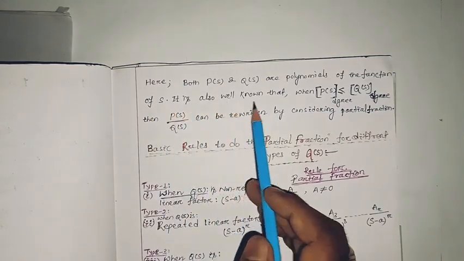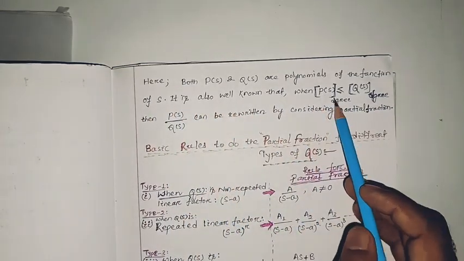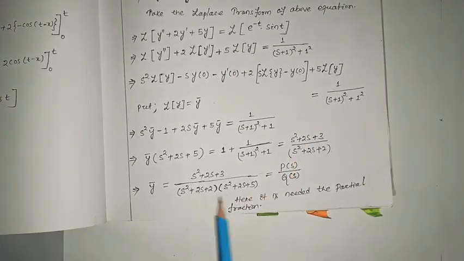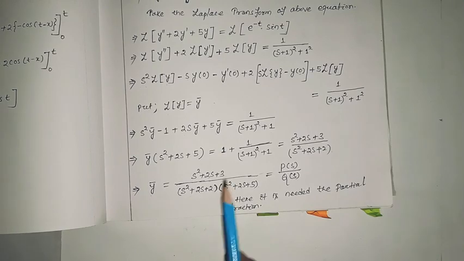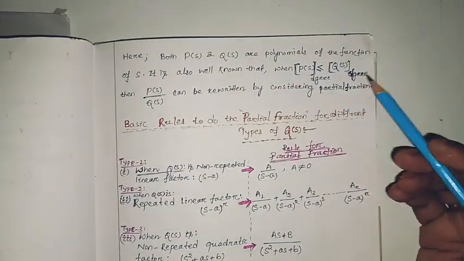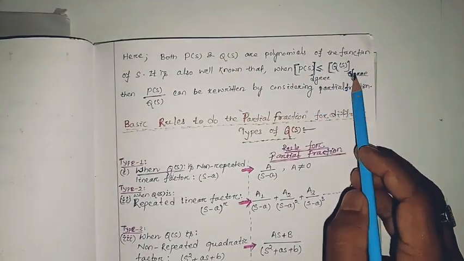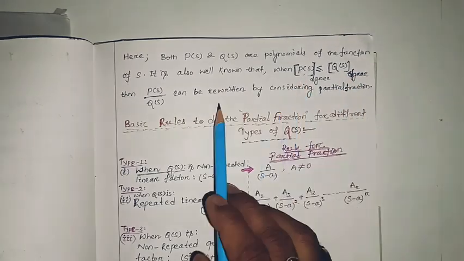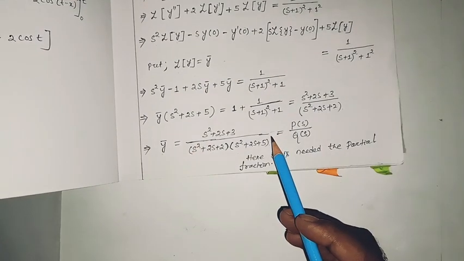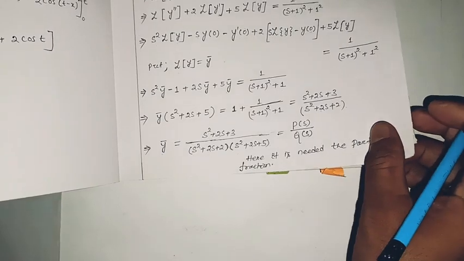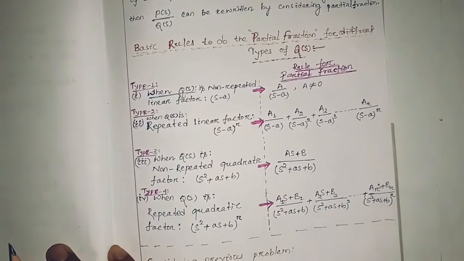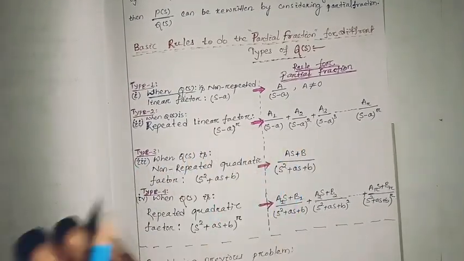It is also well known that when the P(s) degree is less than the Q(s) degree, here the P(s) degree is 2 and the Q(s) degree is s to the power 4, so the Q(s) degree is greater. If the Q(s) degree is greater than the P(s) degree, then this one can be rewritten using partial fraction. So here we discuss four types of situations where we can use the partial fraction, in four types of methods.